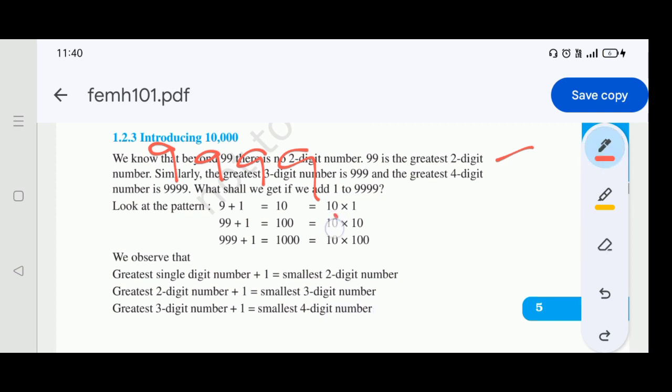So 9 plus 1 is 10, 1 carry. Over here 9 plus 1 is 10, 1 carried, so 11. 9 plus 1 is 10, 11. 9 plus 1 is 10, 11.